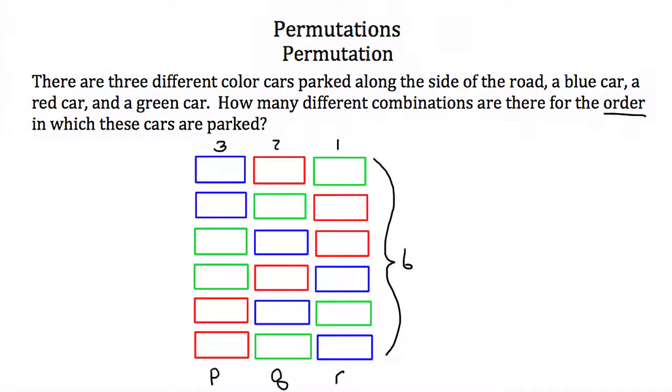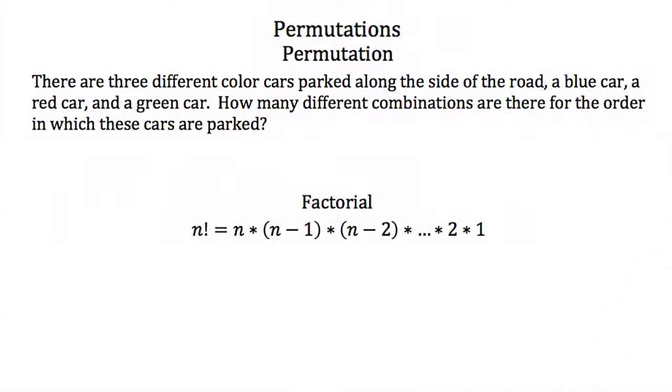Well, a simple way to write this is called the factorial form. We would write this as 3 factorial, or 3 with an exclamation point at the end of it. This is called factorial notation. Here we have n with the exclamation point, and that just means n times n minus 1 times n minus 2 all the way down until we hit 1.